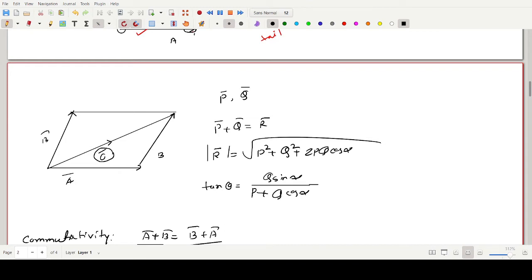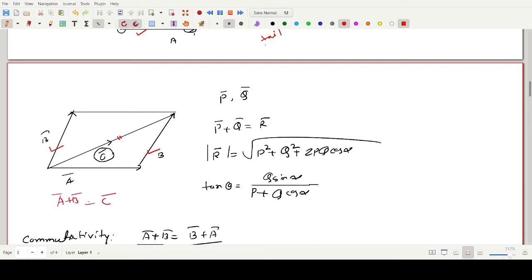So we can say that this vector and this vector are the same, and then we can draw a parallelogram, and the diagonal of this parallelogram represents a plus b.